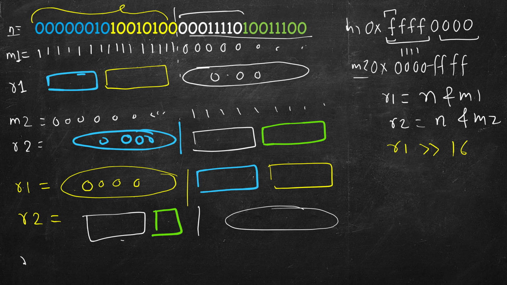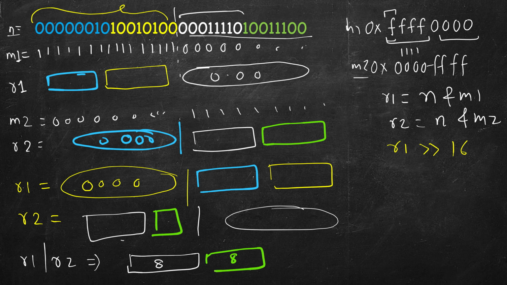So what will happen? R1 or R2. That will be these white bits. 8 bits are there. Then 8 green bits. Then 8 yellow bits. And finally 8 blue bits.